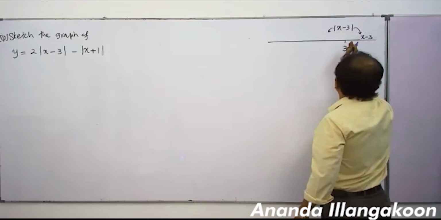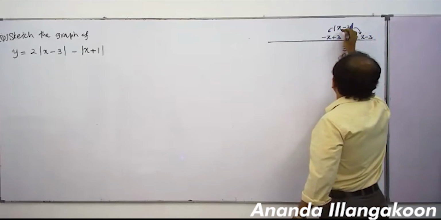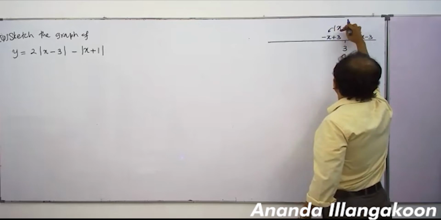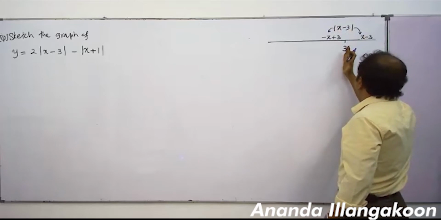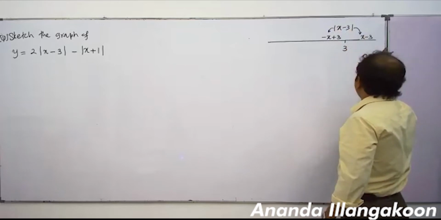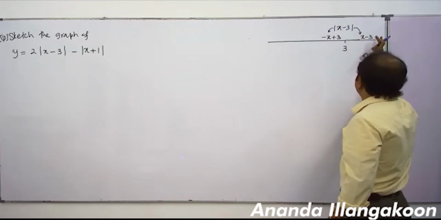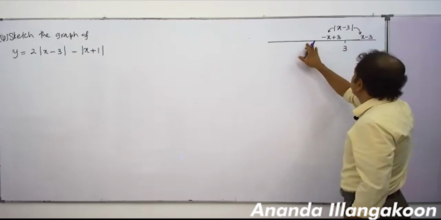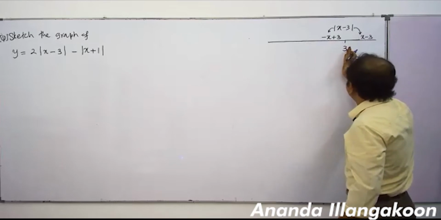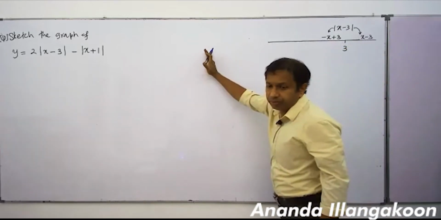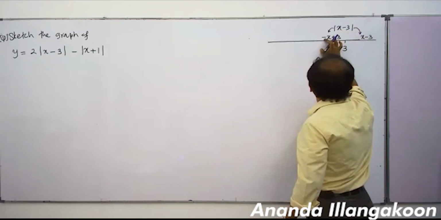On the left of 3, |x - 3| is -x + 3. You have to multiply this term by a minus sign, -x + 3 coming. So when we consider any value which is on the right of 3, we take |x - 3| as x - 3. When we consider any number which is on the left of 3, from 3 up to minus infinity, |x - 3| is equal to -x + 3.